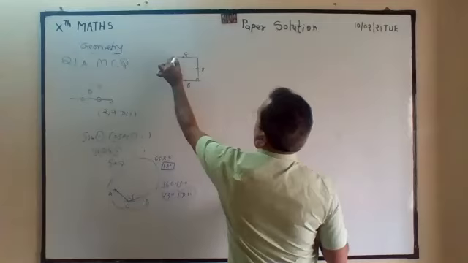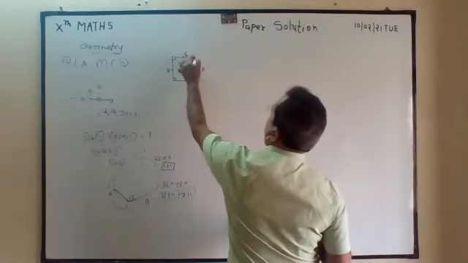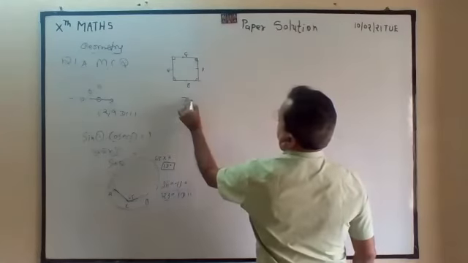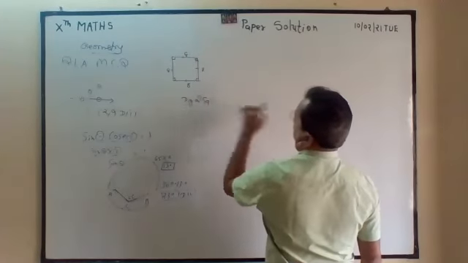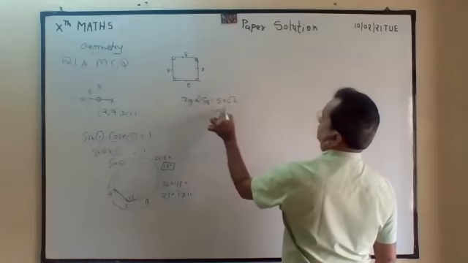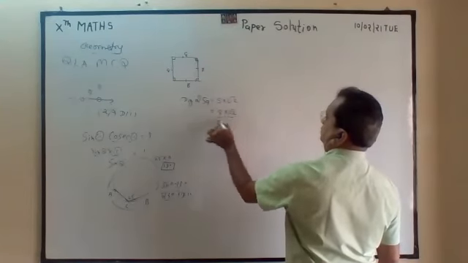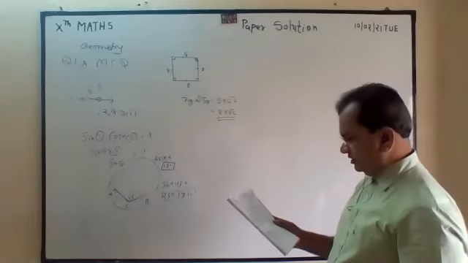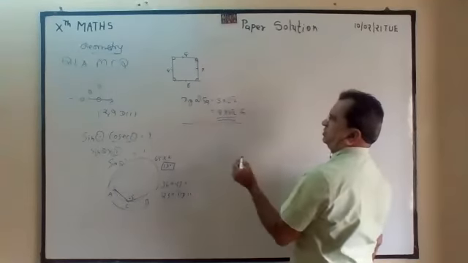And it is a square. There are two methods to find this diagonal. Diagonal of square is equal to side into root 2. That is, 8 root 2. Correct? Centimeter. It is a 1 mark question.